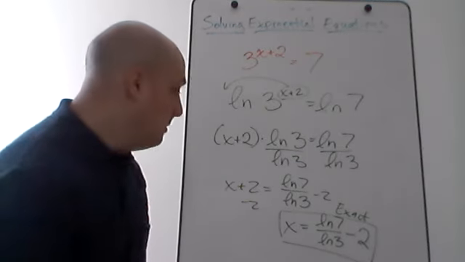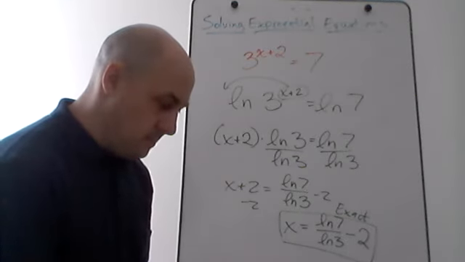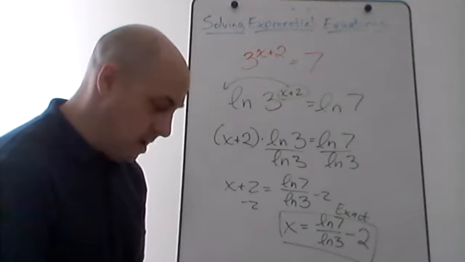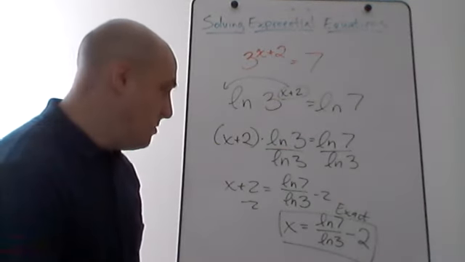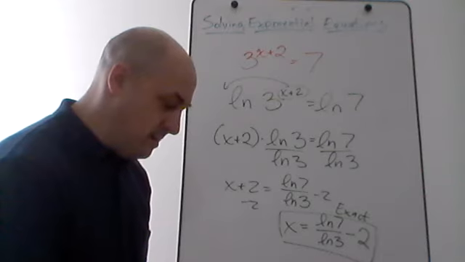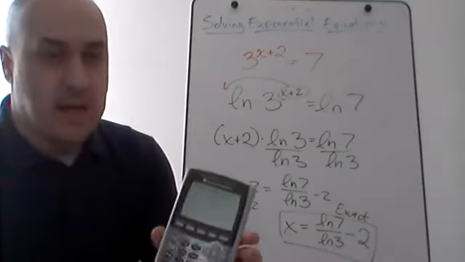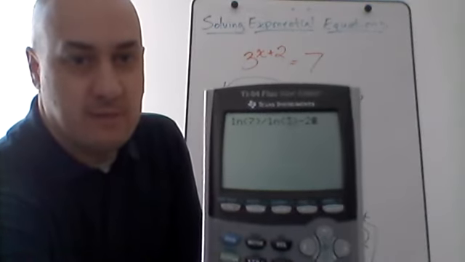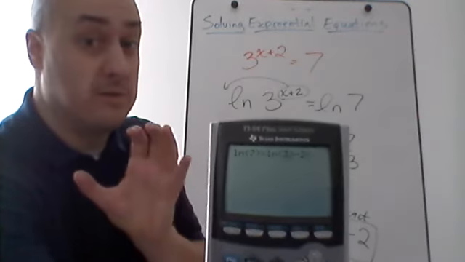All right? So to get the approximate solution here, I almost forgot the word approximate. I do ln of 7 divided by ln of 3 and then minus 2. And notice I close the parentheses after the 7, so my calculator knows it's the natural log of 7.